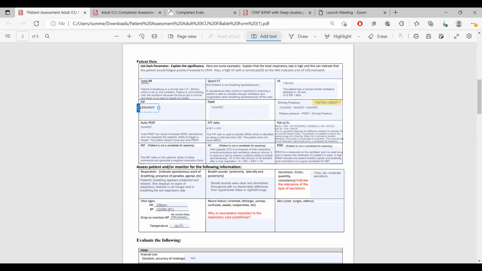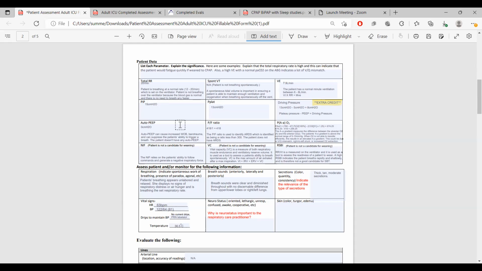Now peak inspiratory pressure. Hers was 15 centimeters of water. That's a good peak inspiratory pressure. Why is this important? How do we state the obvious, right? It's a good pressure.